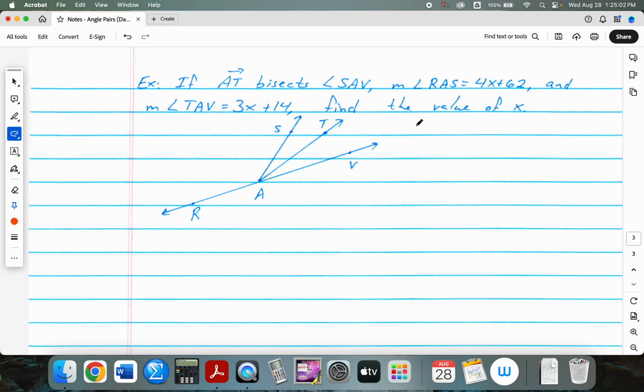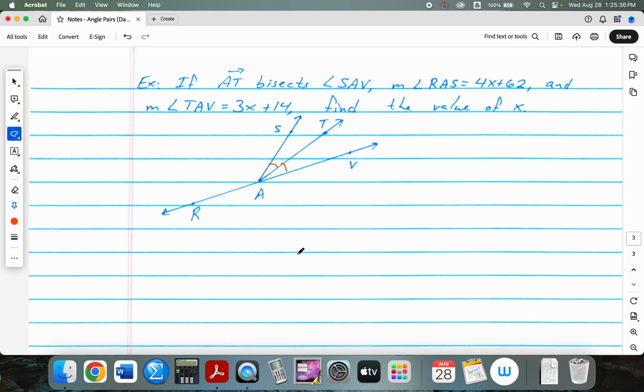If we bisect an angle, what does the definition say happens? The angles are congruent. That's what the definition says, which means the measures are equal. So we'll mark that these two angles are indeed congruent to one another.